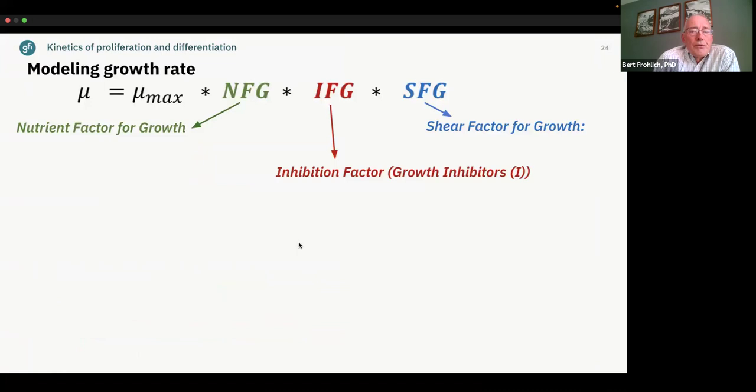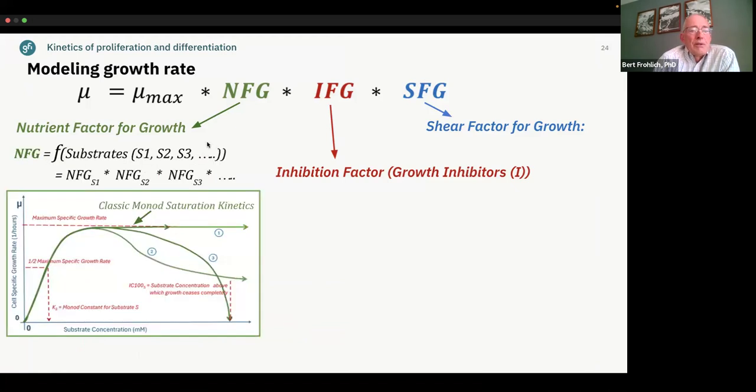So modeling growth rate, the actual growth rate from the maximum, is what's typically done is we apply these factors, each of them a value between 0 and 1, times the maximum growth rate that account for these various phenomena. NFG is a nutrient factor for growth, and it's typically broken up by component or substrate.